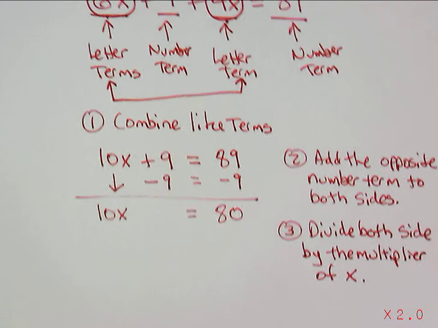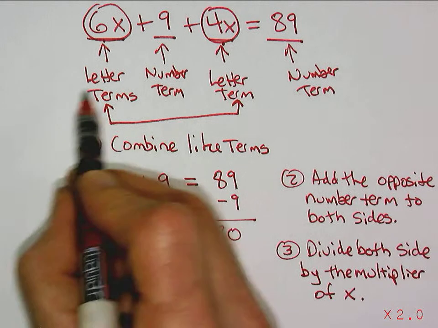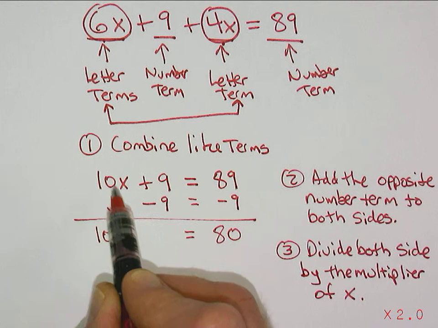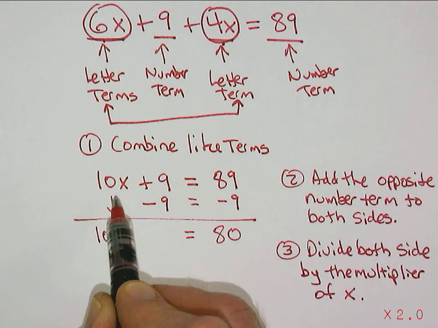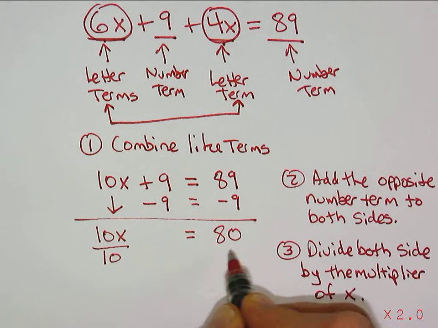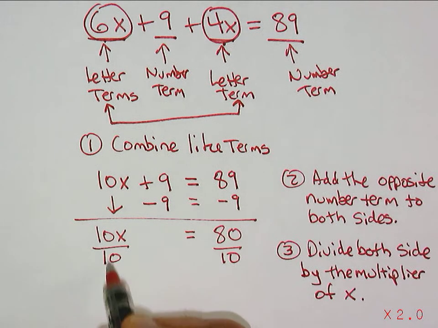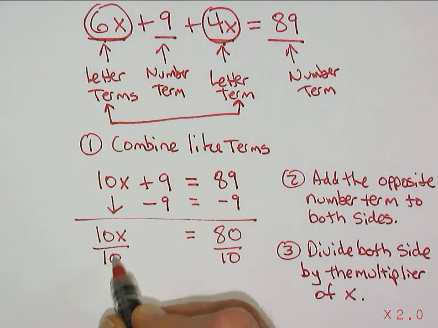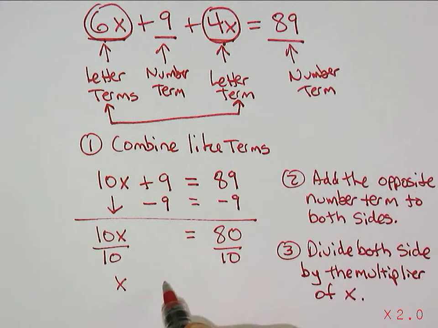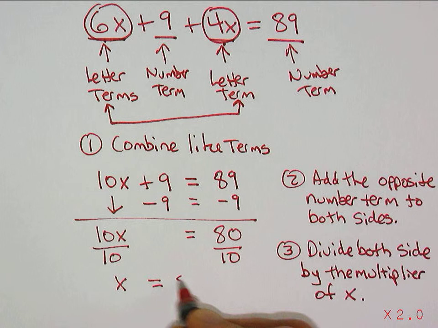So the key part here is to combine those like terms, put them together, and then we've turned this into a simpler problem, 10x plus 9. And then my last step is to divide both sides by the multiplier of x, so divide both sides by 10. And now the 10s basically cancel, leaving 1x. And that equals 80 divided by 10, which is 8. So our solution is 8.